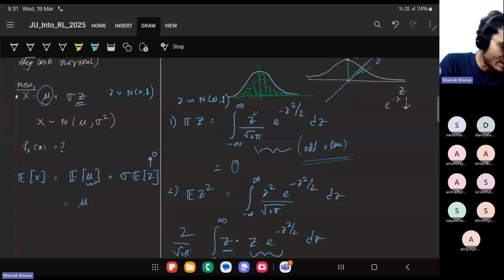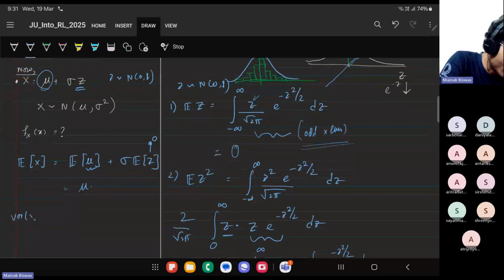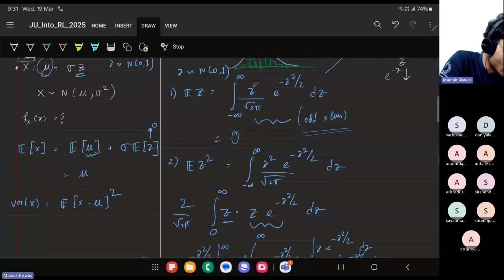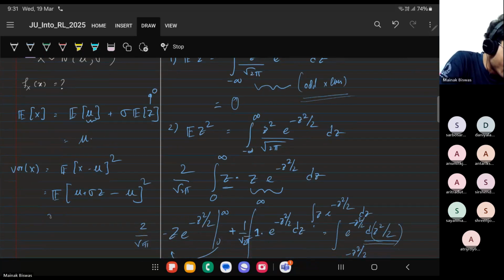Again, now let us calculate the variance of the distribution. Variance of x is the expected value of x minus mu whole square. So this is the expected value of mu plus sigma z minus mu whole square, which is the expected value of z square times sigma square, which is a constant.